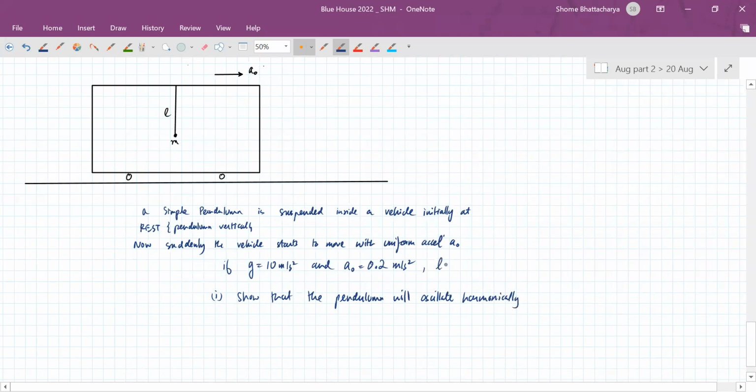Also given the length of the pendulum is, let's say, 2 meters. Find its equilibrium position in the vehicle's frame. Find the time period and angular amplitude.